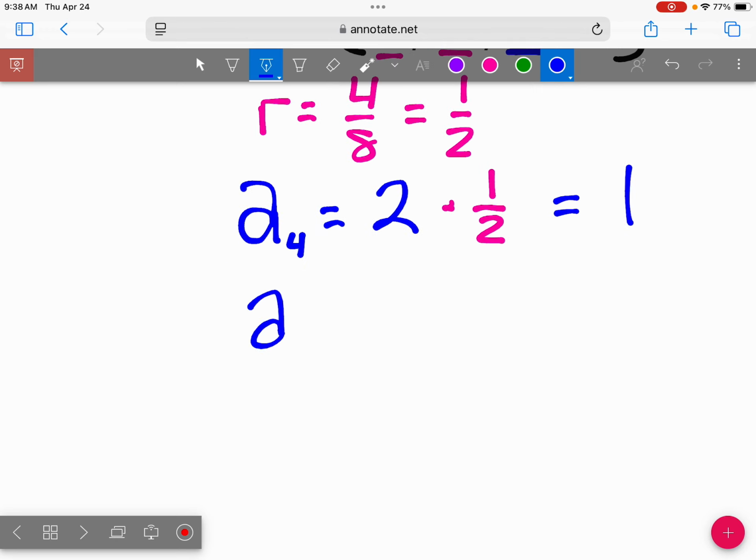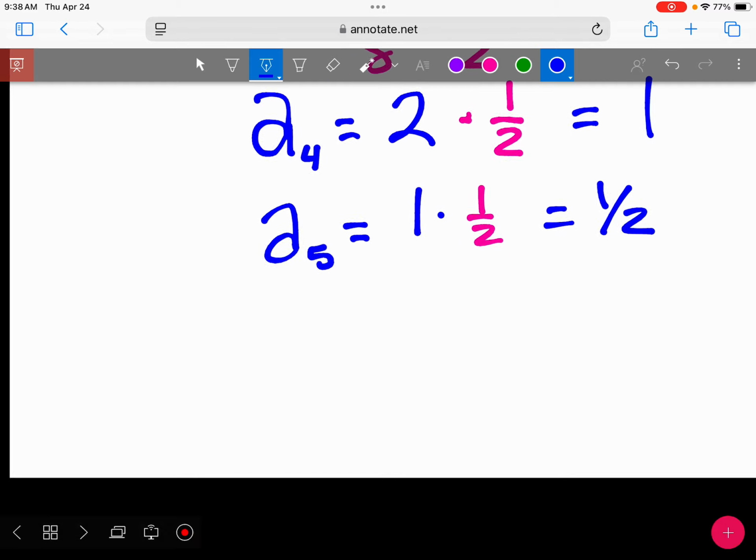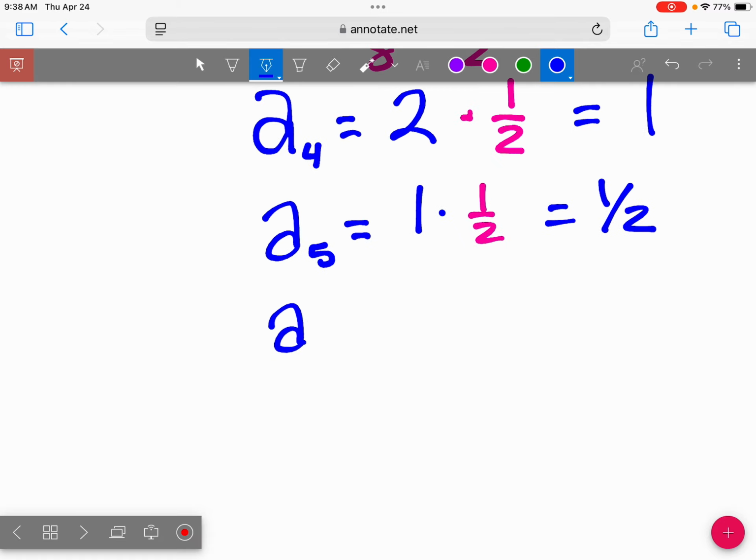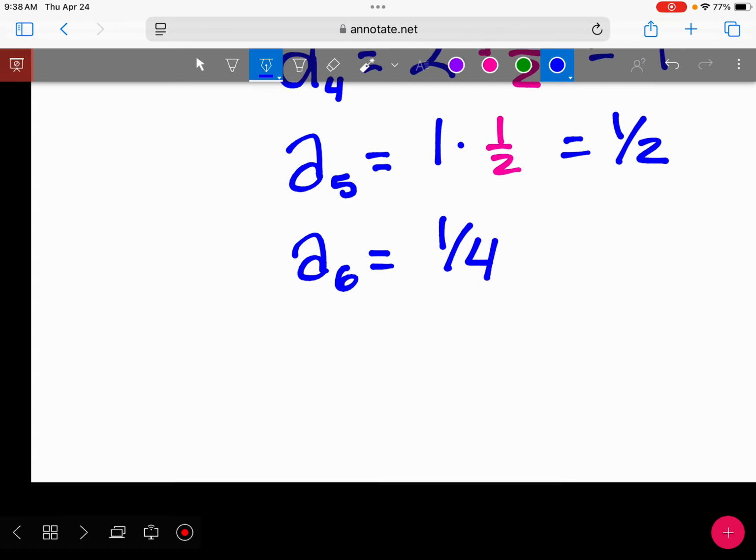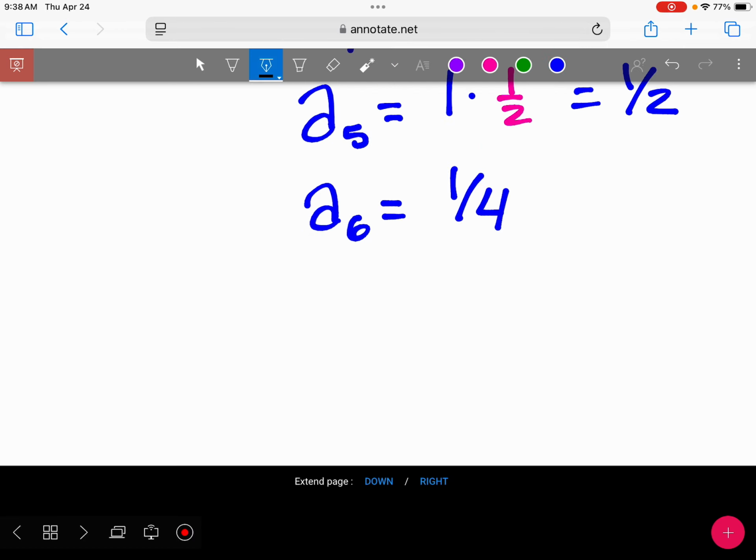So what's our a sub 5? 0.5 or 1/2. Yeah. We're taking our 1 times that common ratio of 1/2, and we get 1/2, or 0.5. I don't care if you do fractions or decimals. What about a sub 6? 1/4.